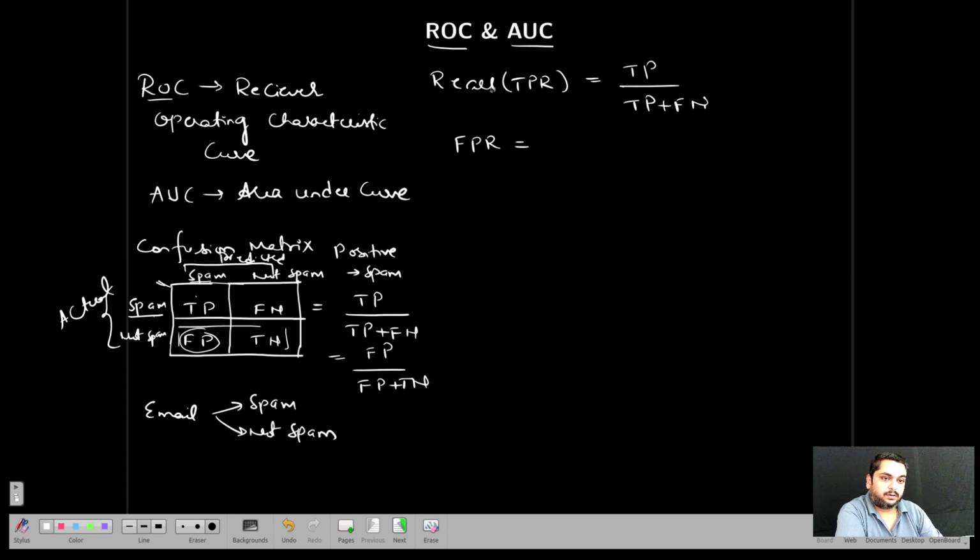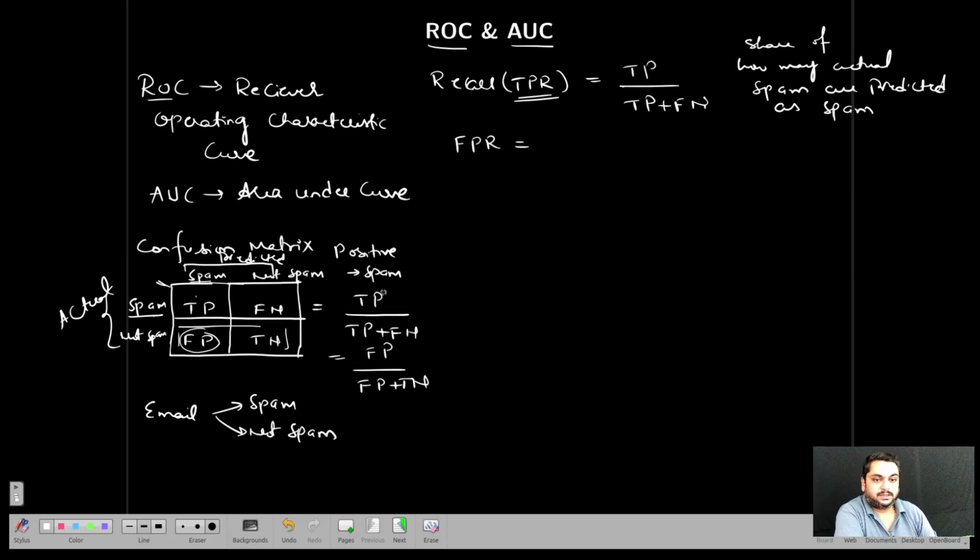So what is this recall or true positive rate giving? It is saying the share of how many actual spam are predicted as spam.